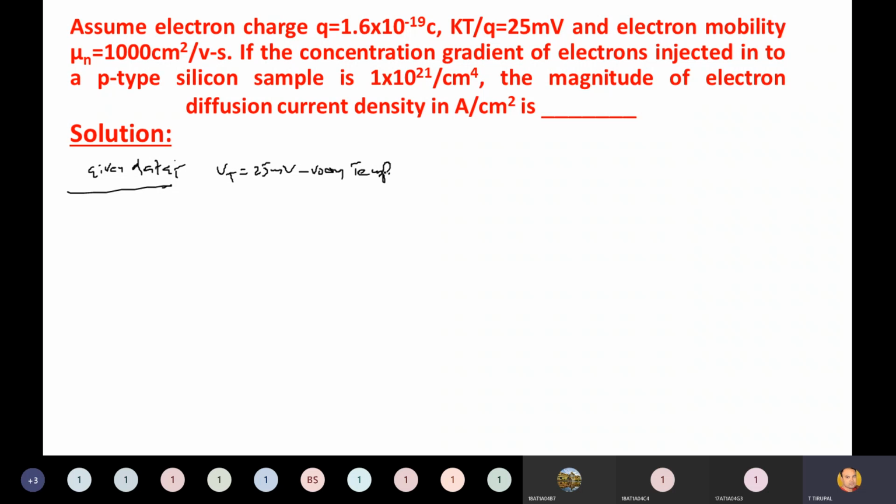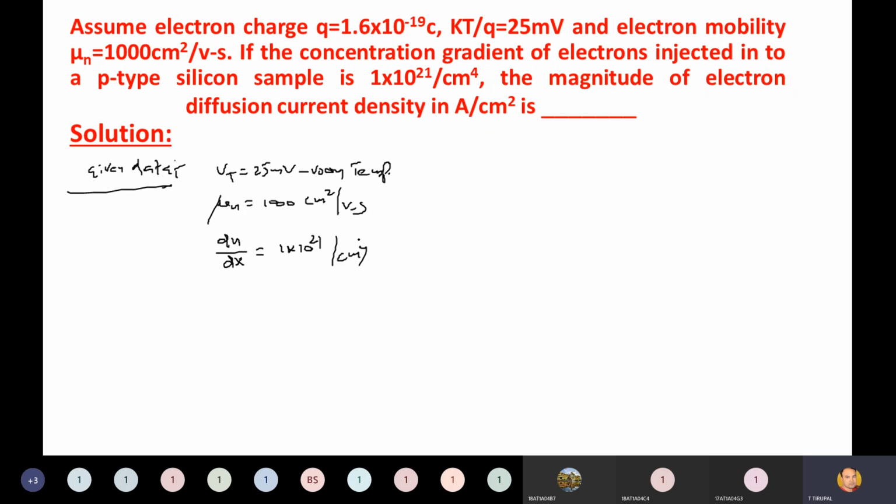Mobility is given, mu n, 1000 centimeter square per volt second. Concentration gradient of electrons injected into a p-type silicon sample is given. Concentration gradient of electrons means dN divided by dx. It is equal to 1 into 10 power 21 per centimeter power 4.